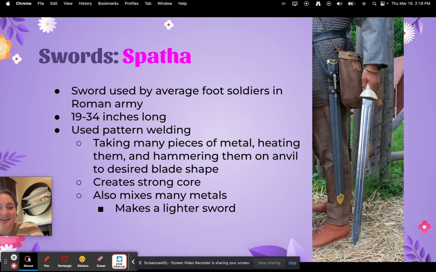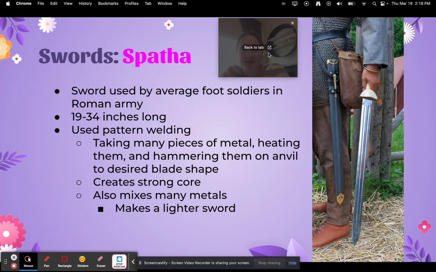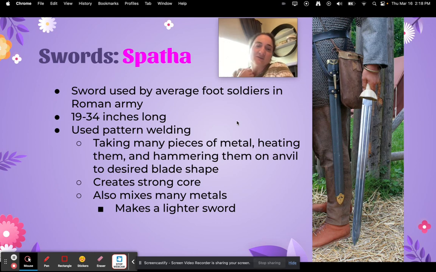All right. Next, we're going to talk about the spatha. That was a sword used by the average foot soldier in the Roman army. It's pretty much your basic sword. It was anywhere between 19 and 34 inches long. Here's a picture next to a person, so you can see how long that is.